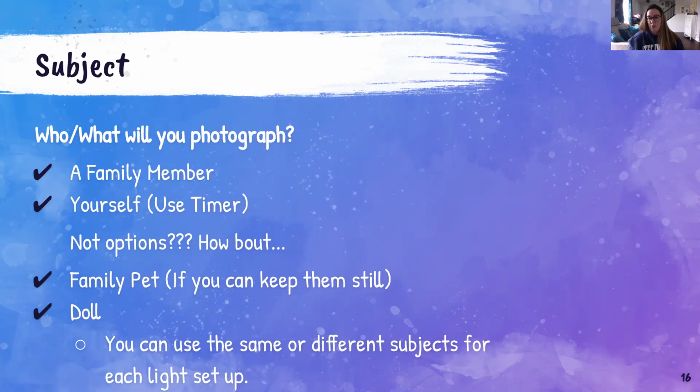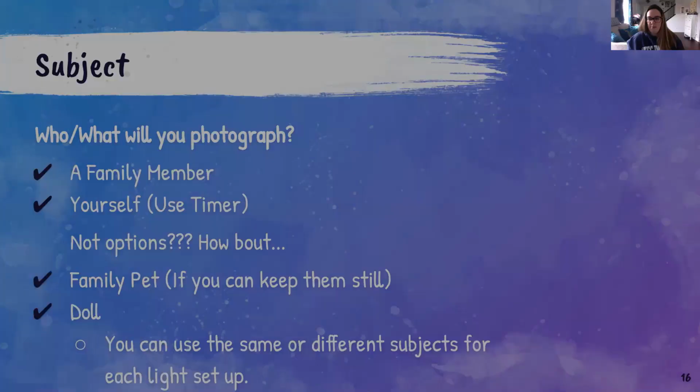That's totally up to you as well. Obviously, it's going to be more creative if you have three different subjects, three different costumes, three different ideas. That could be an opportunity to show advanced creativity, like a 4 for creativity, solving the problem, and your research and development and ideation.